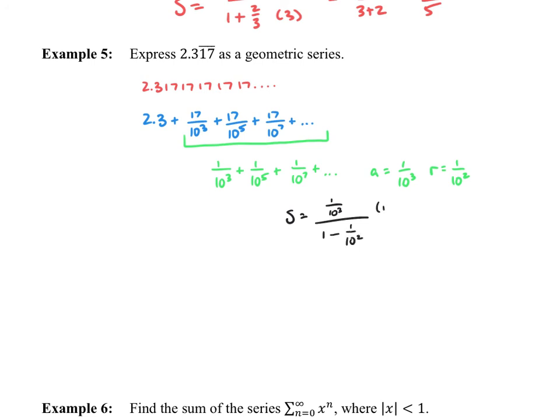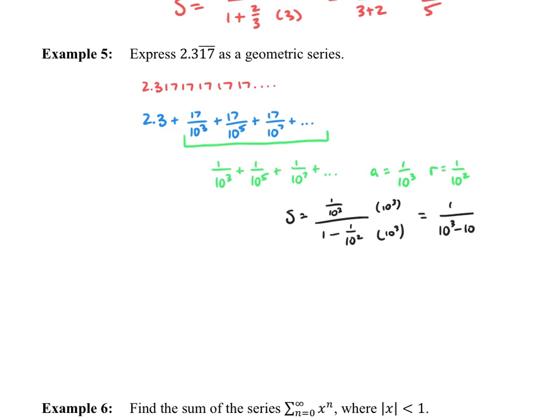And if we were to just algebraically simplify this and multiply by 10 squared, we would have, oh, actually, you know what? Hold on. Let's multiply by 10 cubed so we can actually clear the whole thing rather than 10 squared. So we have 1 in the numerator, and then we have 10 cubed minus 10 cubed over 10 squared, which is going to be just 10.